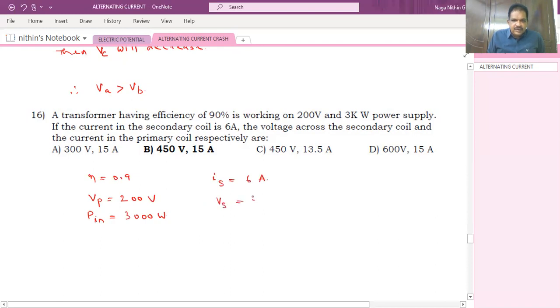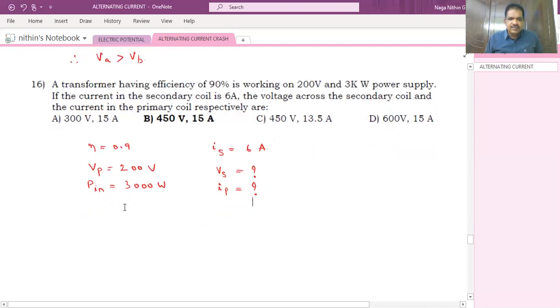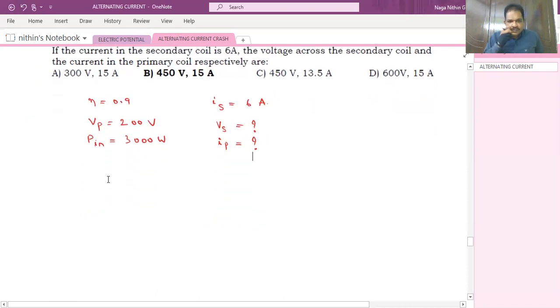Voltage across the secondary coil, how much? Current in the primary coil, how much? They are asking. Eta is equal to P out by P in. Using this, we can find I in. Current in the primary circuit, we can calculate.